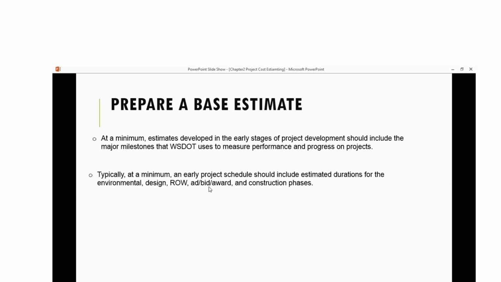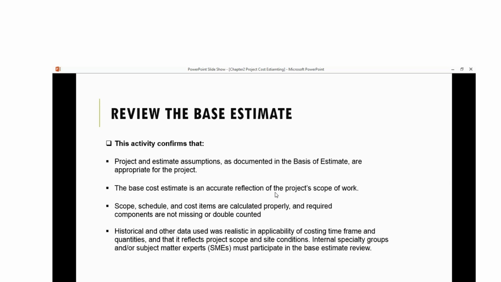So the minimum, okay, and the rapid project schedules to include estimated duration for environment, design, the right of way, the bid, the award, and the construction phases. So when reviewing the base estimates, right, project estimates, they are based on certain assumptions. Assumptions could be affirmative or determinative. So I would say, what if the client increased a new package?